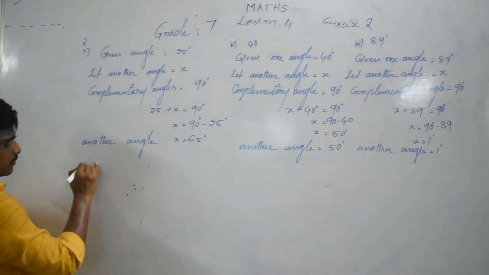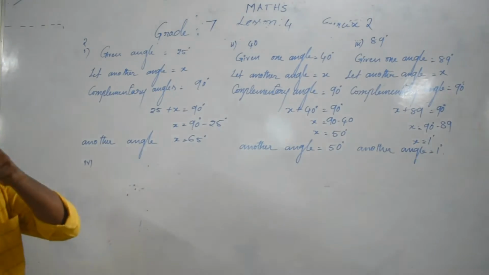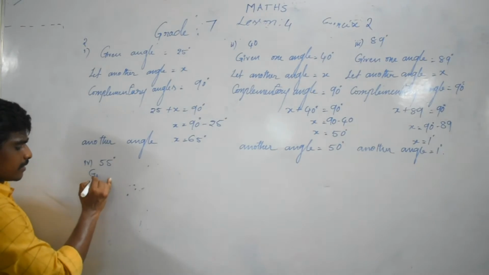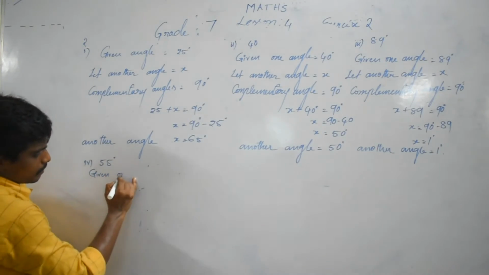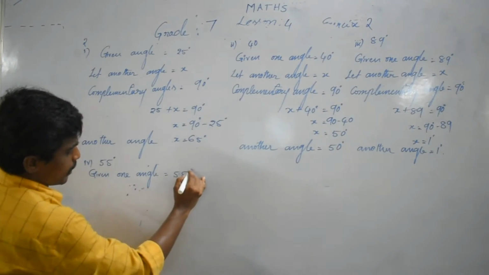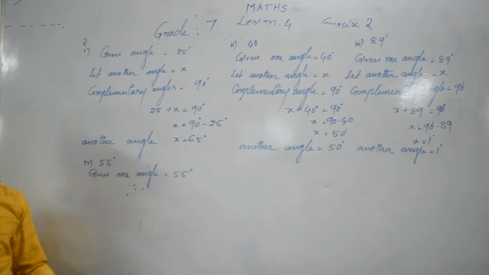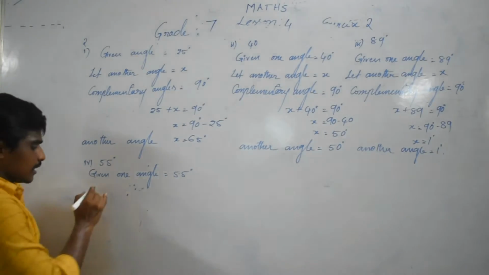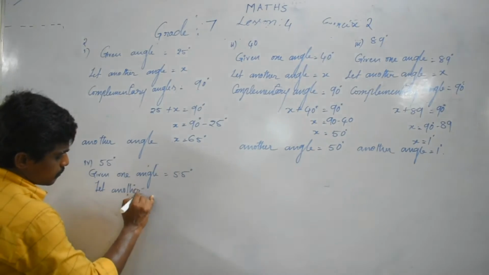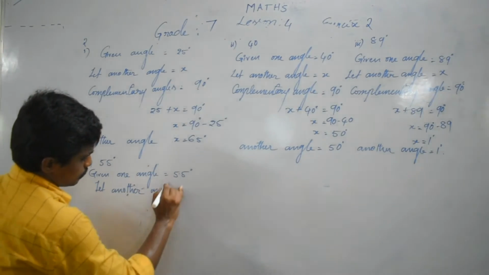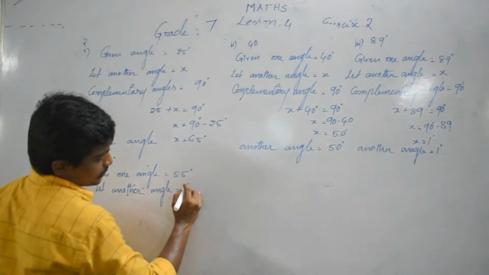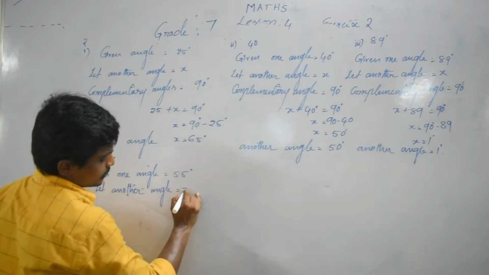Next, last one. So 55 degrees is given, one angle 55 degrees. Let the other angle be x degrees.